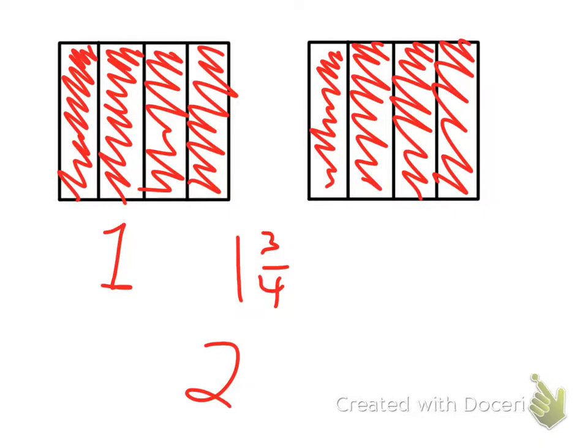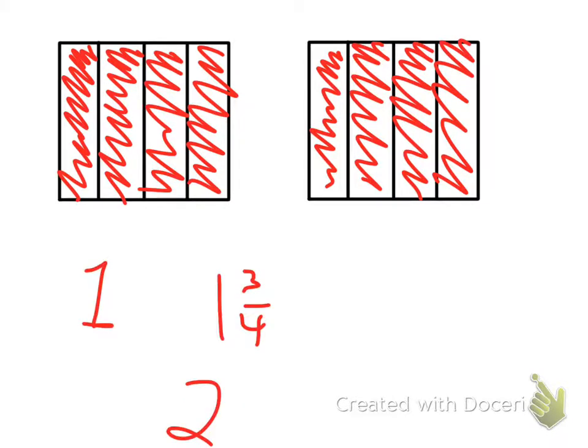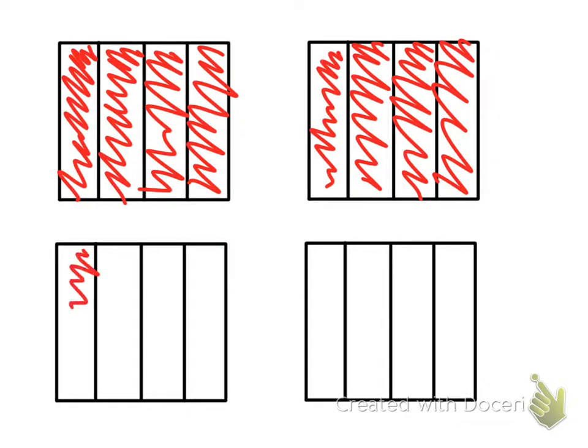So if we think of having 3 and 1/4, I would need to have another one of these. This would be all shaded in.